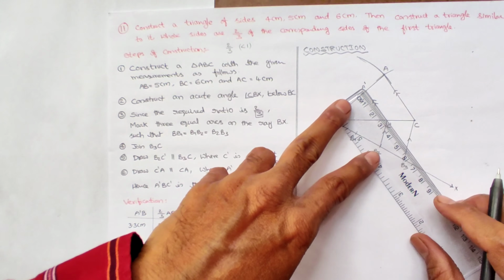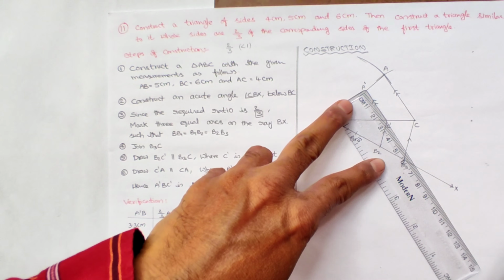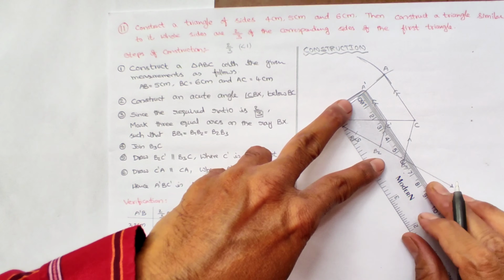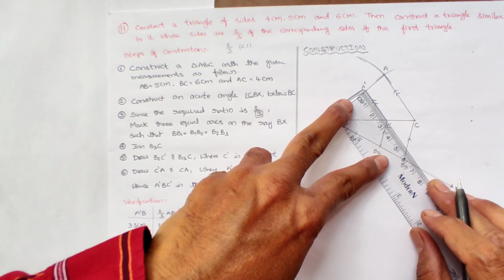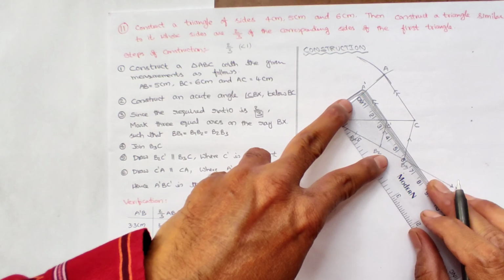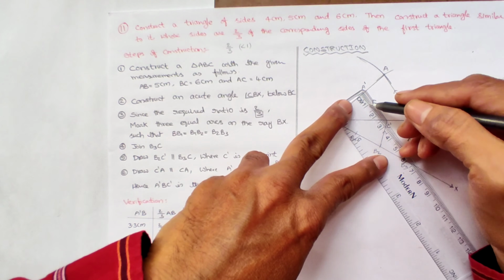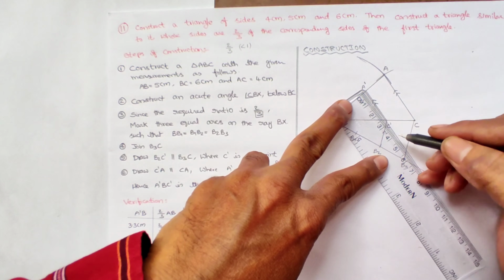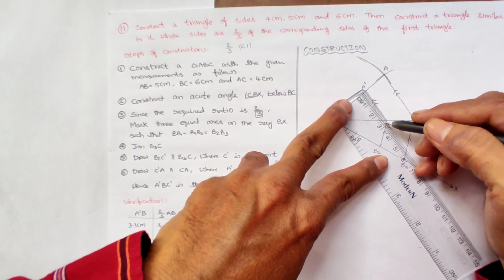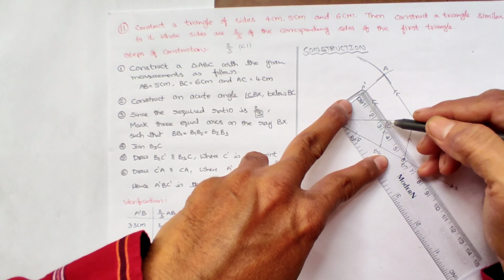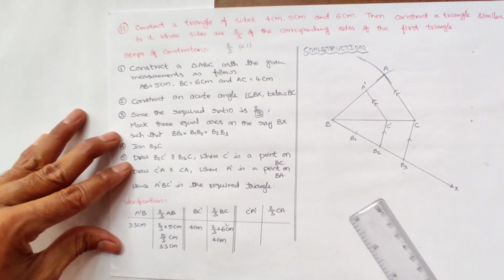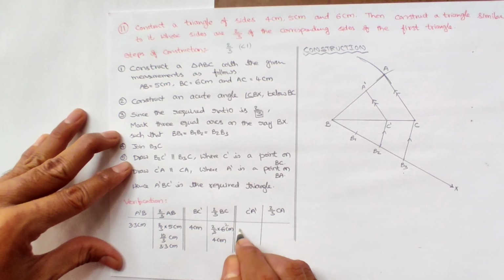Now CA dash. Let us measure CA dash. See, observe carefully. This is 1, 2, 2.5, 2.6, 2.7. C dash A dash is 2.7 centimeter.